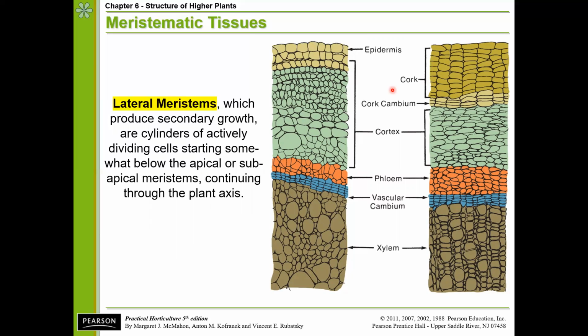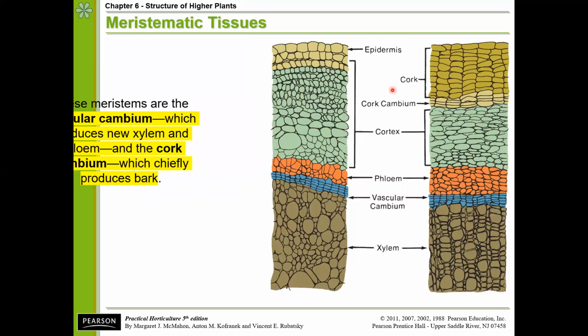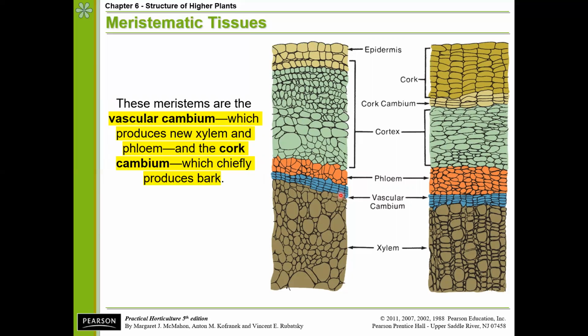And these lateral meristems are in the cambium, this vascular cambium inside of plants, which is responsible for forming new xylem and phloem. So again, we can see this in the rings of a plant. If we take a cross section of a stem, then we see these different rings.